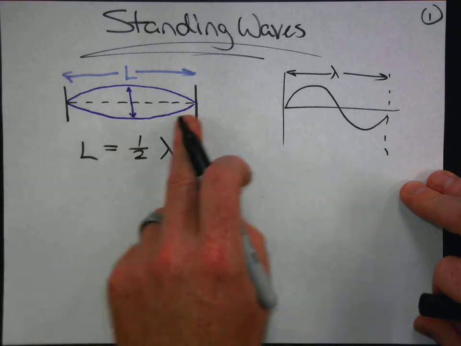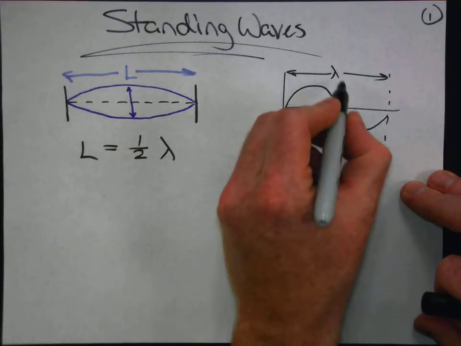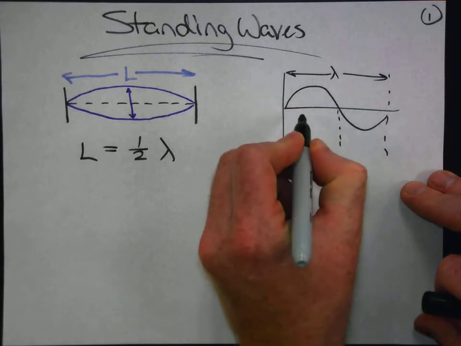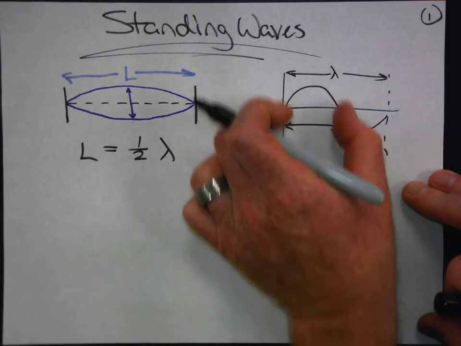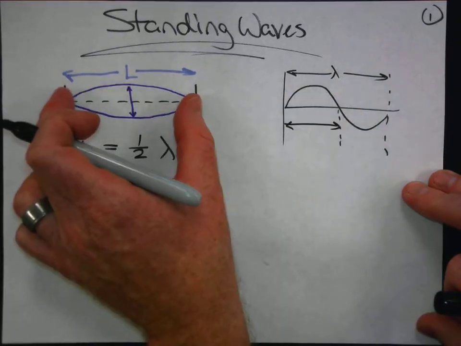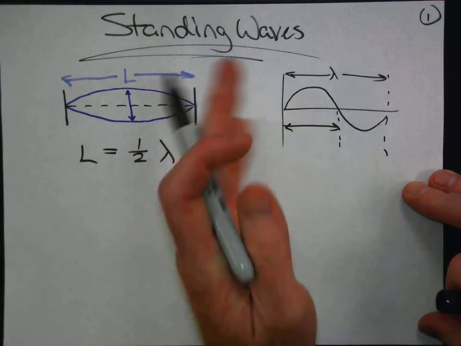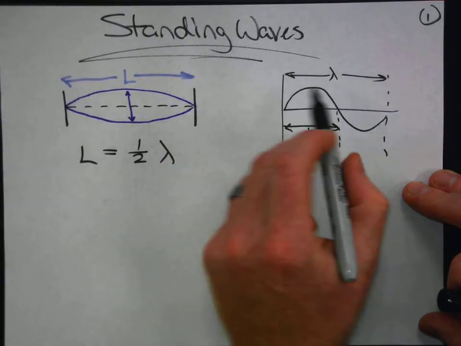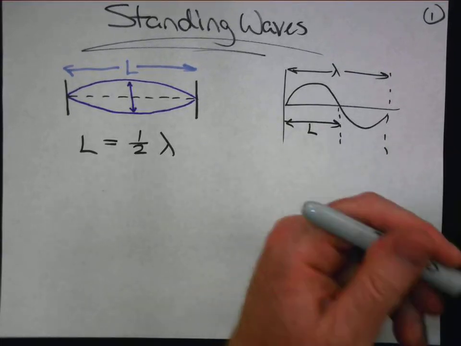This trough is a trough of a different wave. They have to be offset from each other. So what we're really looking at is this distance there. For this crest right here, the trough would have to be over here somewhere, and we simply don't see that. So here's our length, and there's our wavelength, and therefore length is 1/2 of the wavelength.